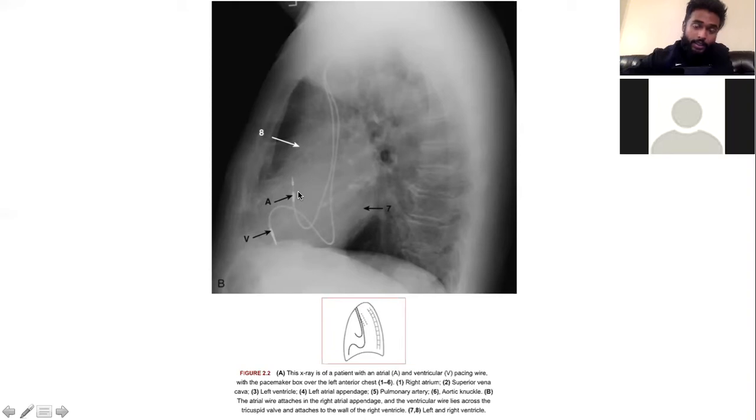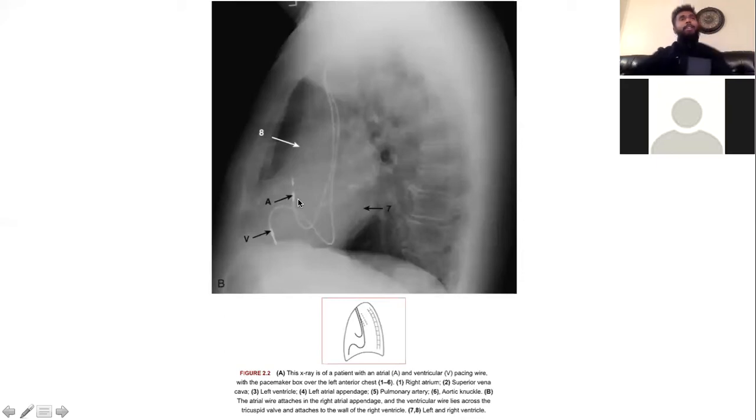And right above that, even though you can't see it on a lateral, is obviously going to be right atrium. And 7 is going to be your left ventricle. 8 most likely right ventricle outflow tract. So 7 and 8 are left ventricle and right ventricle, and then A is in your right atrium.